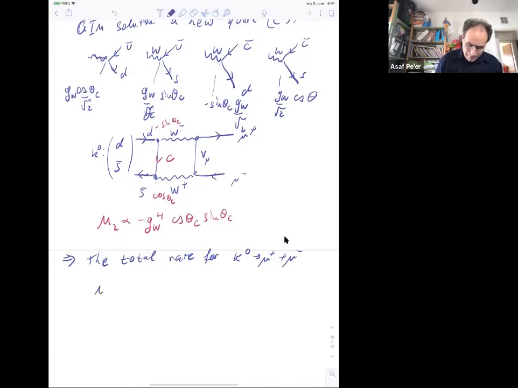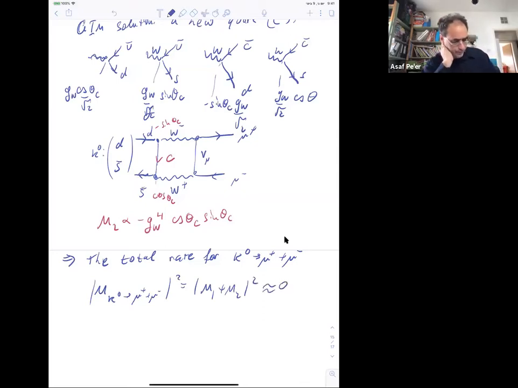So it's just M1 plus M2 squared, which is nearly 0. So that was their suggestion. It's kind of a nice mechanism.